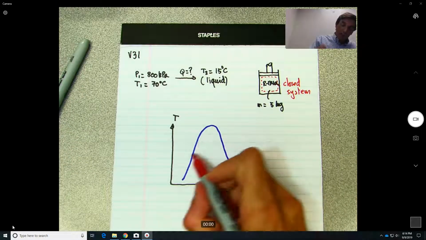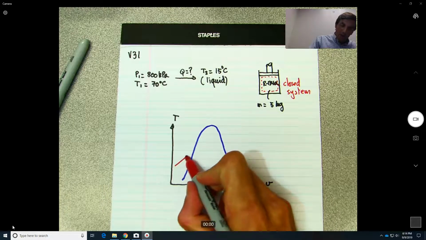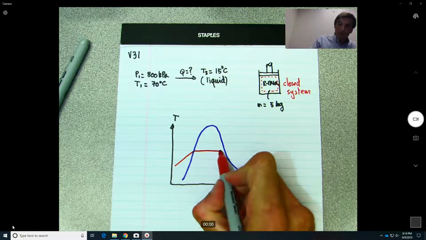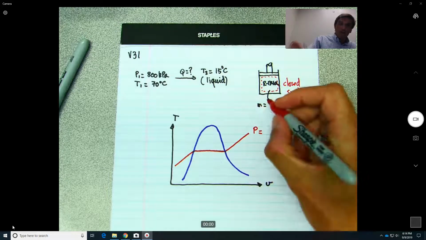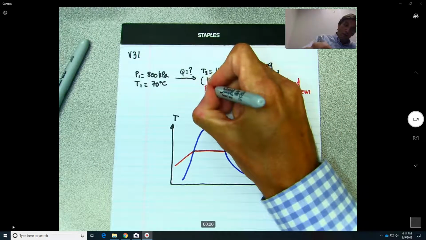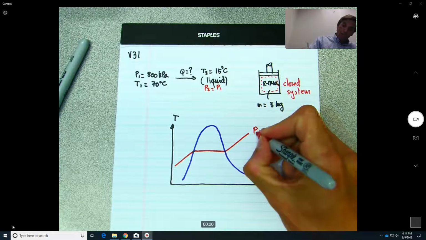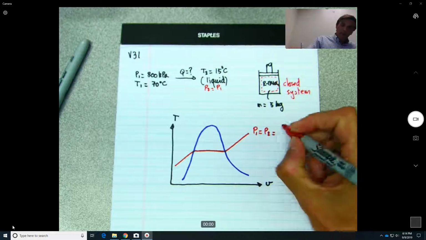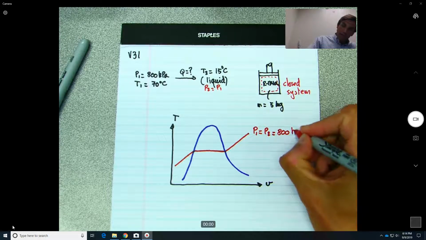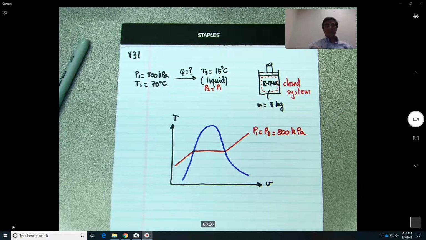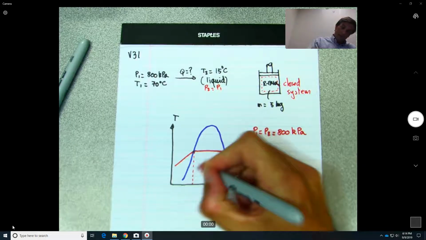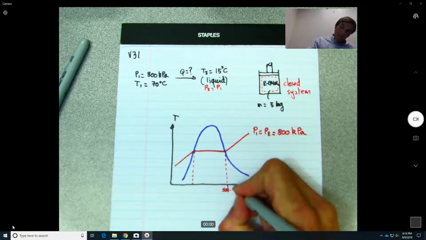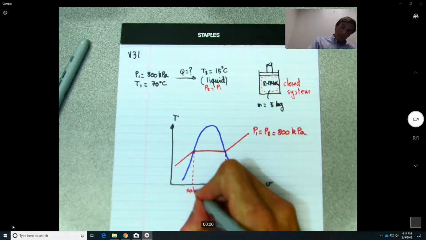So everything is going to go through a line of constant pressure, so P2 equals P1, so P1 equals P2 equals 800 kilopascals. All right, and we know that this point here will be the saturated gas, this will be the saturated liquid.